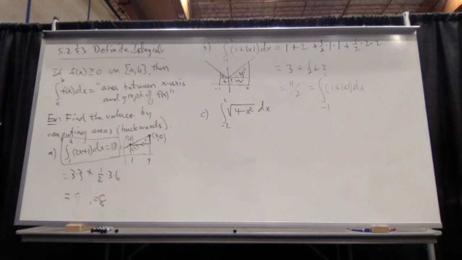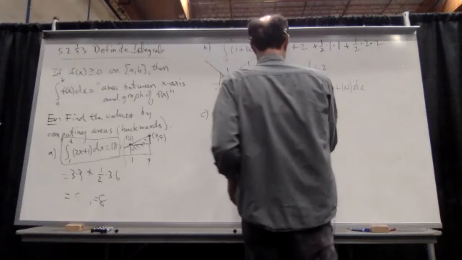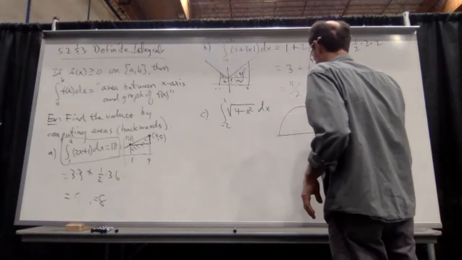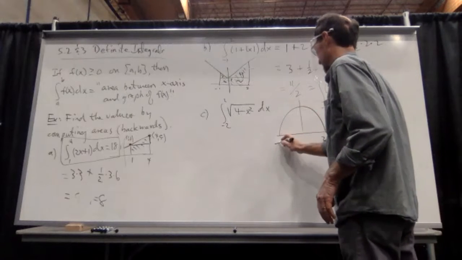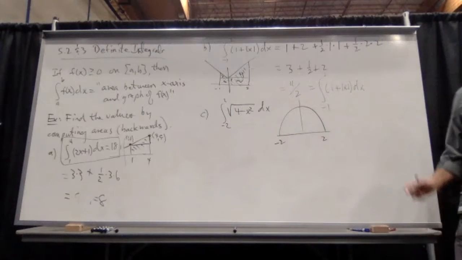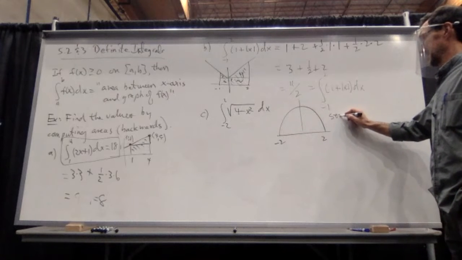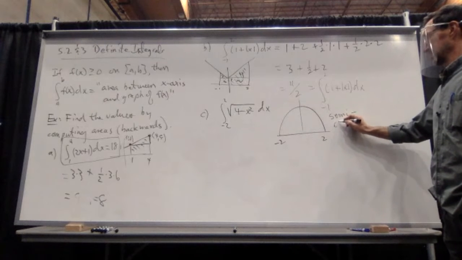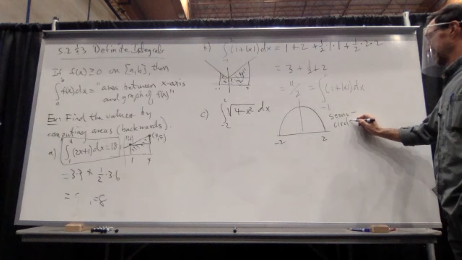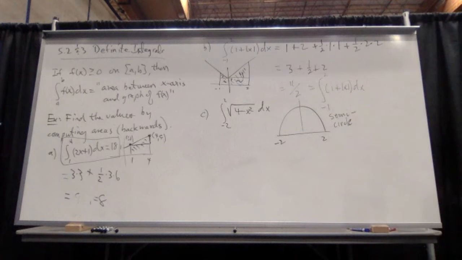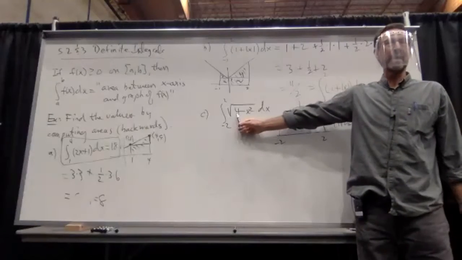It's a semicircle. I'll draw a picture over here. Just in case you can't tell it's a semicircle, I'll write the word. It's a semicircle. I hope we talked about that earlier. It's really helpful here because the radius is the square root of that number.